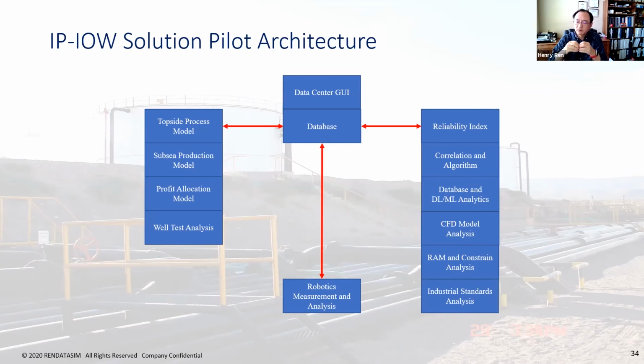The database then creates a common mathematical algorithm that can be coded, then becomes the reliability index, initially embedded in the process model. Now it has become independent software, sending data to the database. So they can shake hands between the process side and the reliability side through the database.